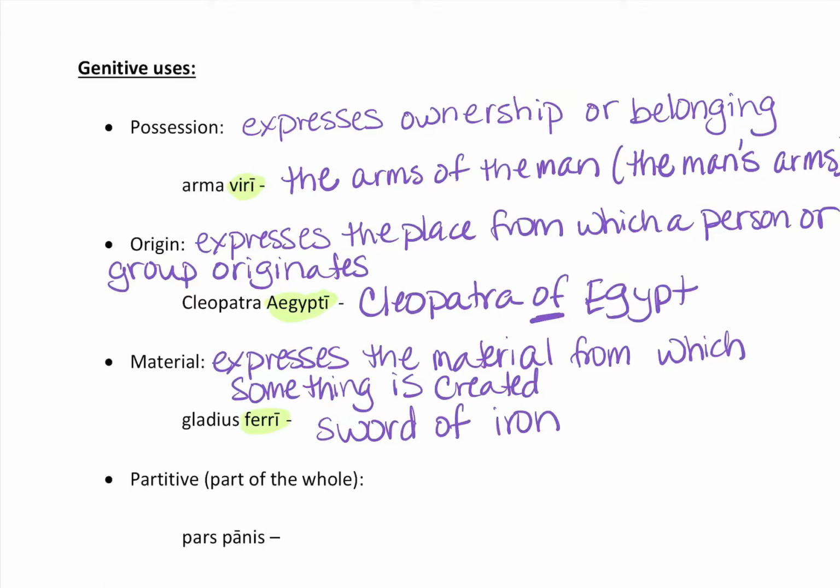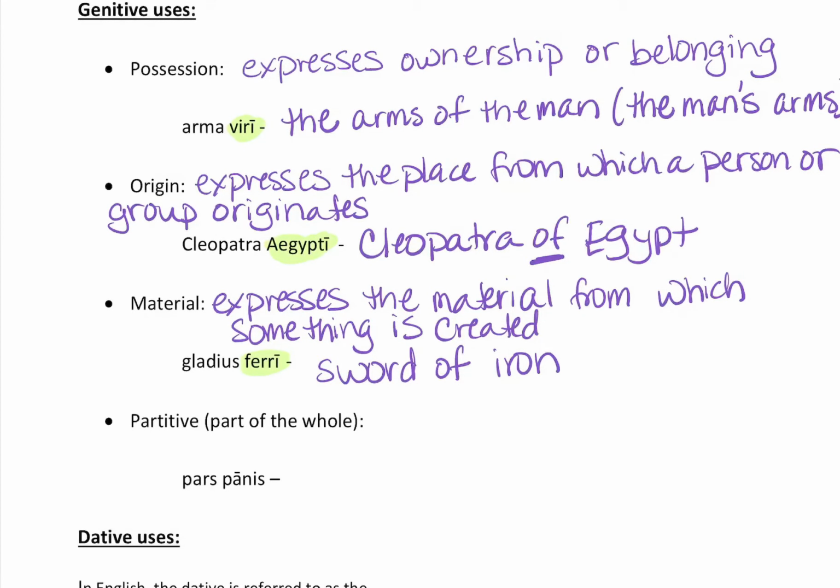And the last one that you learn is called partitive genitive, and that simply is part of the whole. So it expresses the whole or group of which something is a part. Remember, because we've got the "of." Is it a piece of pie? Is it a slice of apple? The apple is the whole and the slice is the part.